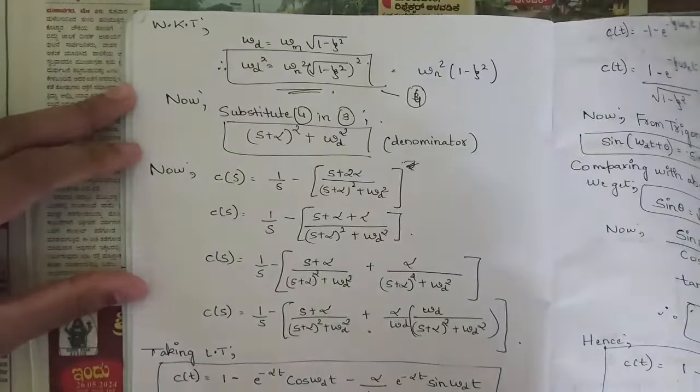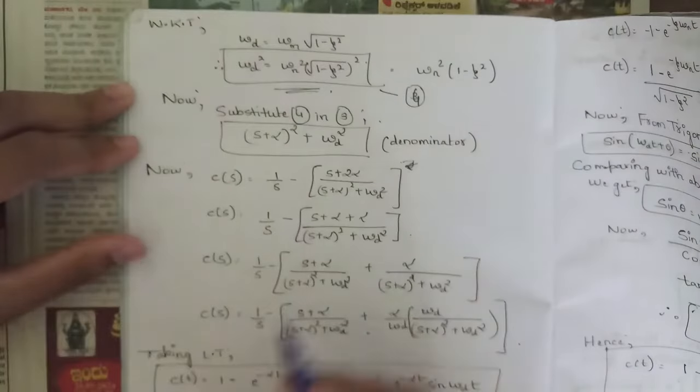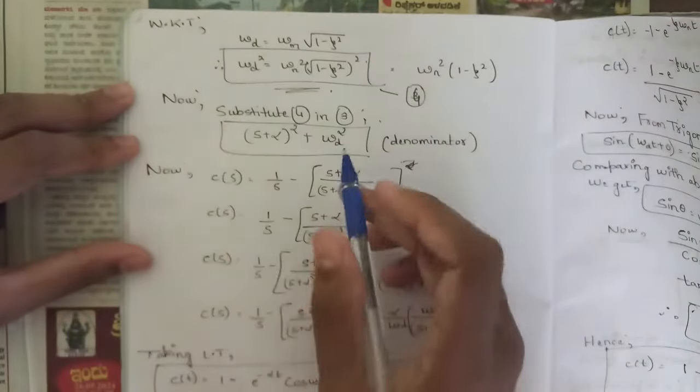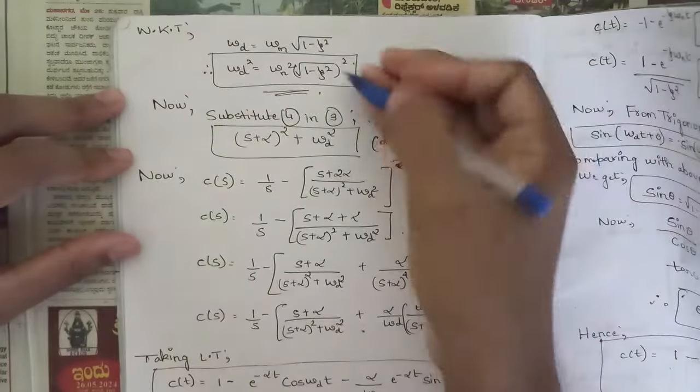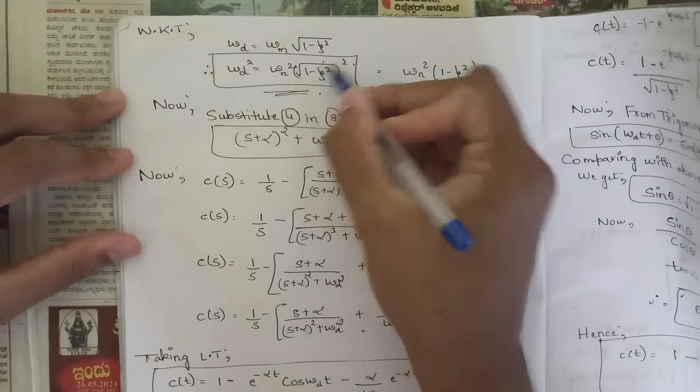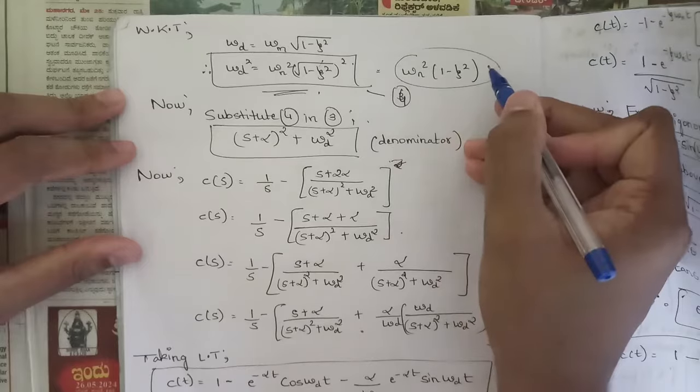Now we know that omega d is equal to omega n into square root of 1 minus zeta square. Initially we have taken this assumption. Now taking square on both sides, omega d square is equal to omega n square into square root of 1 minus zeta square the whole square. If we simplify this, square root and square get cancelled, so the remaining answer is omega d square is equal to omega n square into 1 minus zeta square.